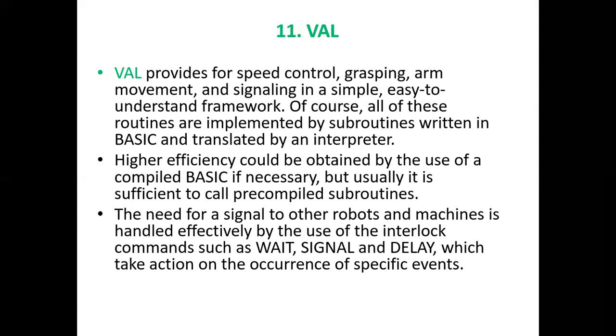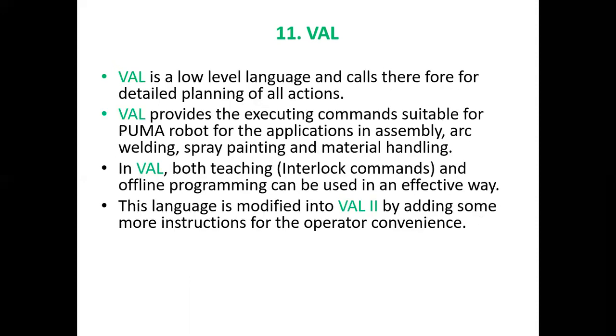High efficiency could be obtained by the use of a compiled BASIC if necessary, but usually it is sufficient to call pre-compiled subroutines. The need for a signal to other robots and machines is handled effectively by the use of the interlock commands such as wait, signal, and delay, which take an action on the occurrence of specific events.